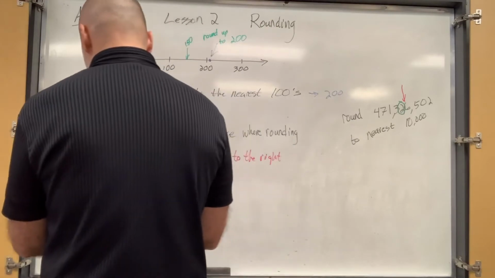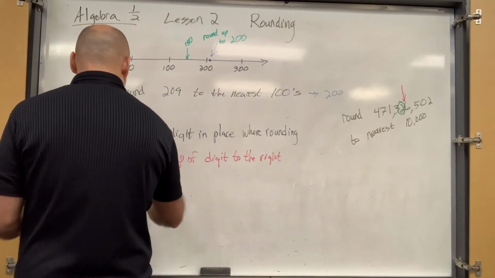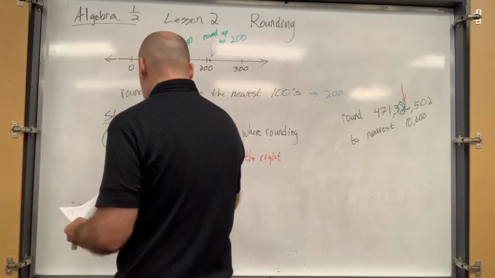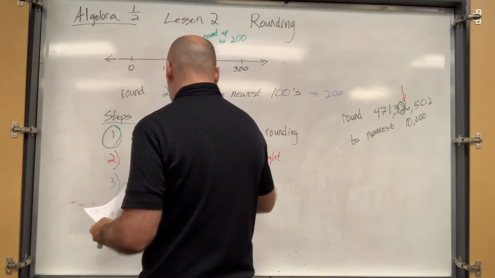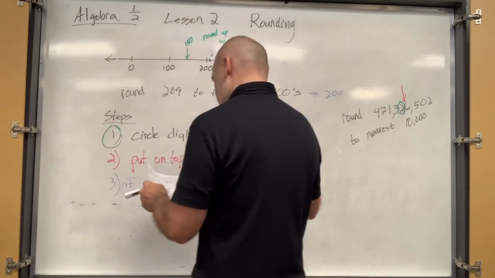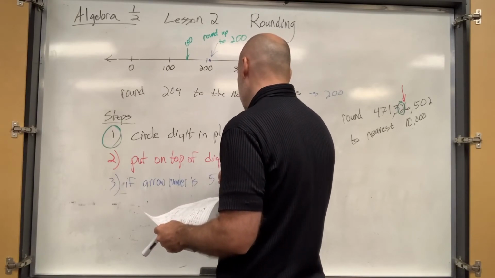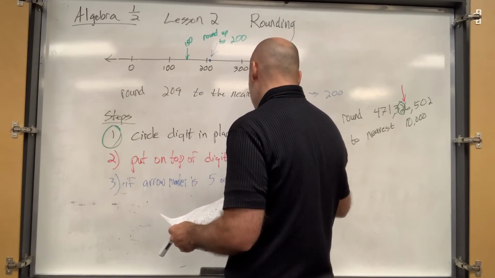Here's what the question is. If the arrow digit is 5 or above, give it a shove.